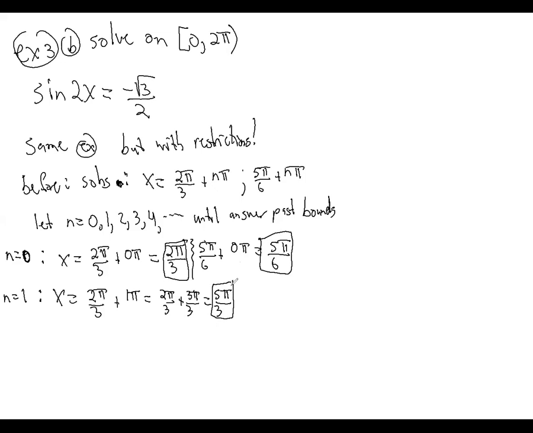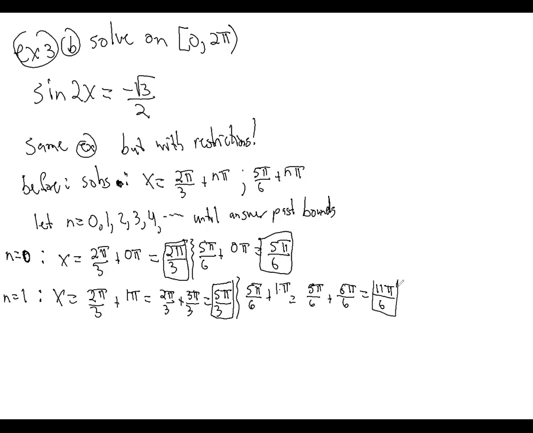And 5 pi over 3 is still less than 360 degrees. So that one's good. The other one would be 5 pi over 6 plus 1 times pi. Getting an LCD is 5 pi over 6 plus 6 pi over 6, which is 11 pi over 6. And that is still less than 360 degrees.